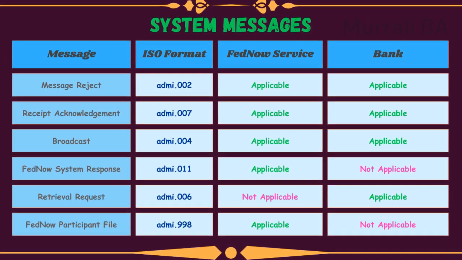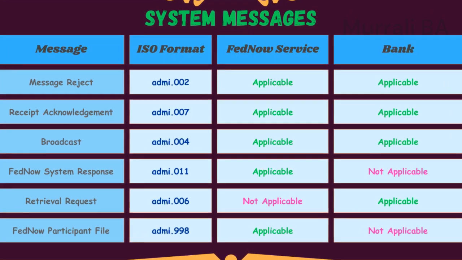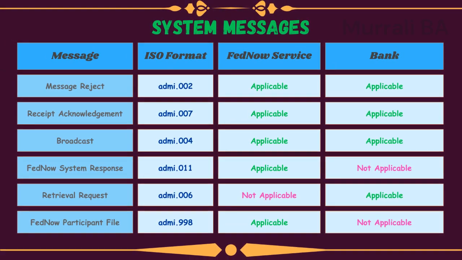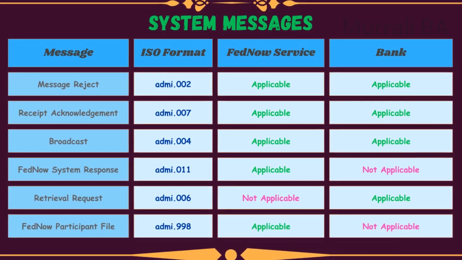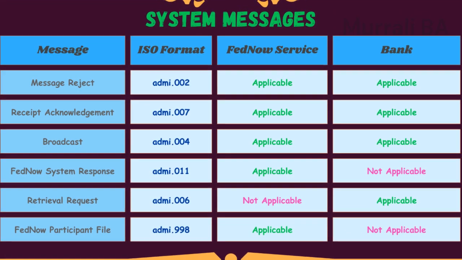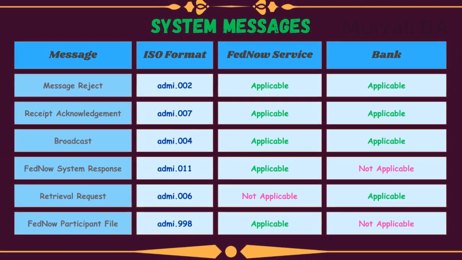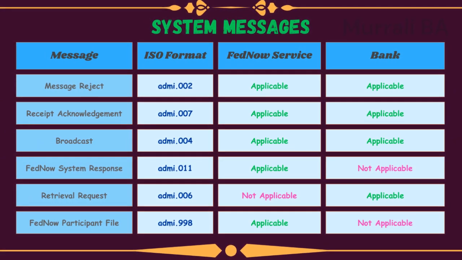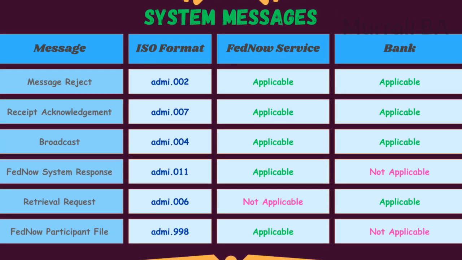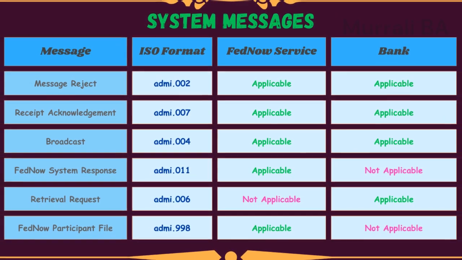The format is admin 011 and it is applicable only for FedNow service and not for its participants. And the next one is retrieval request, the format is admin 006, and it is applicable only for the participants, not the FedNow service. The final one is FedNow participant file, admin 998, and it is applicable only for the FedNow service, not the participants.